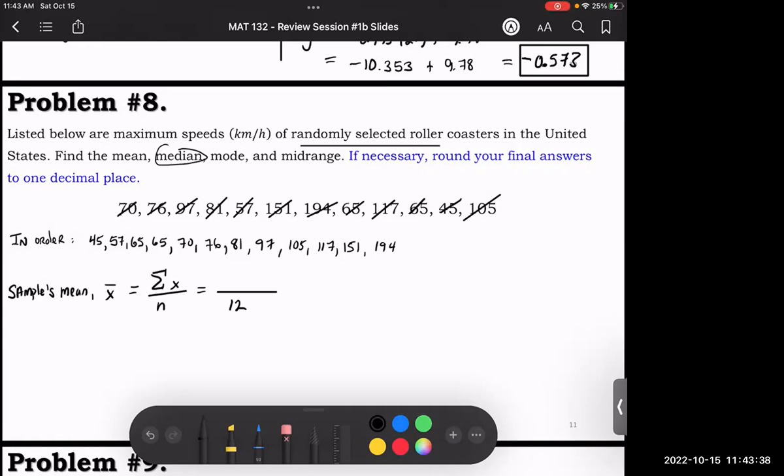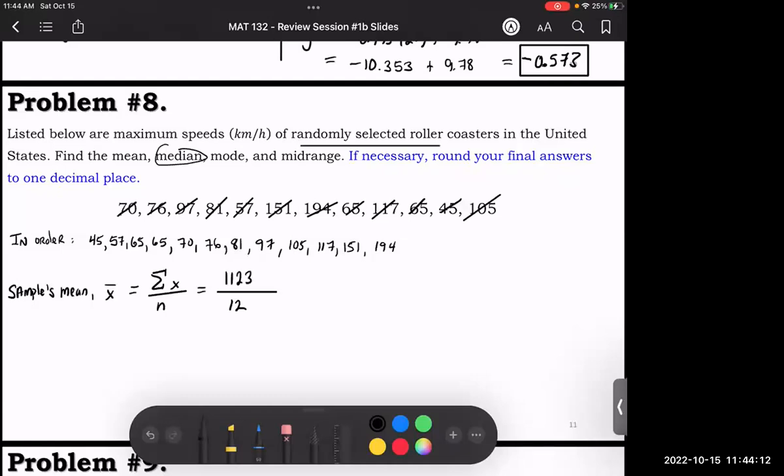The sum of all the data values. That's right, Rachel.